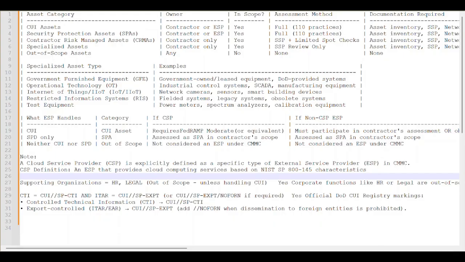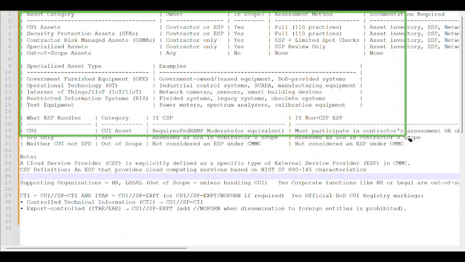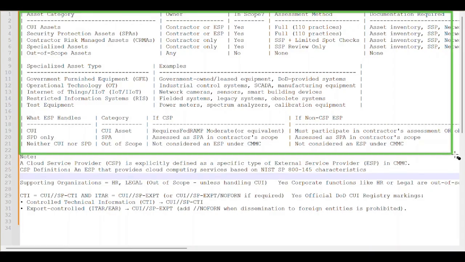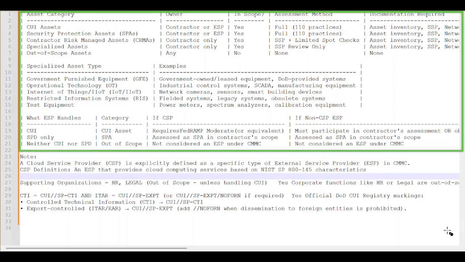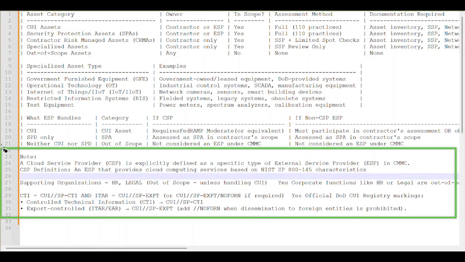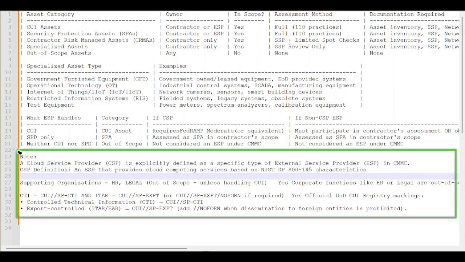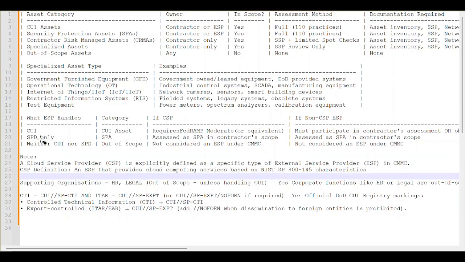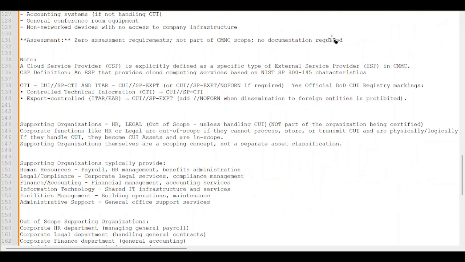Now, Category 2, a little less intuitive, but you said it's just as critical. Absolutely. Category 2 is for your security protection assets. We call them SPAs. And these are the systems providing security functions, regardless of whether they actually touch CUI themselves. Think of them as digital bodyguards. So a firewall. It isn't storing a CUI document, but it's protecting the boundary where that CUI flows. Or an MFA server.